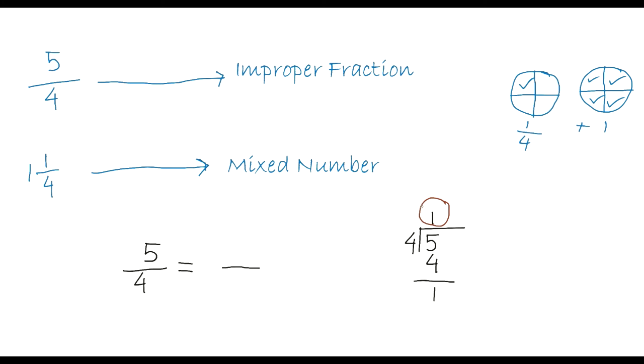This quotient will directly go here. You will write 1. The bottom number here is 4. In your original fraction, you had bottom number 4. This bottom number will be the bottom number here, 4.